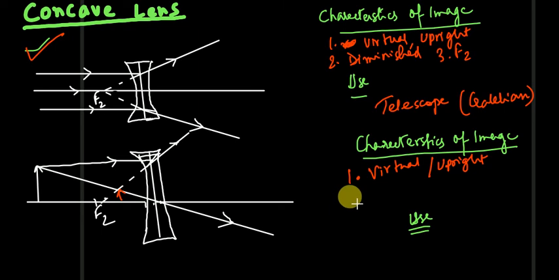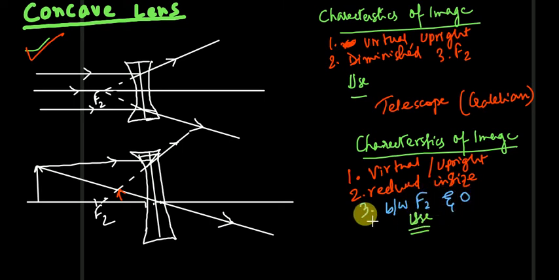These are common, and obviously reduced in size. Sorry about the handwriting, I will change the pen. And anything else? Yes, where the image is getting formed. It is always formed between F2 and optical center. Remember, this is always formed between F2 and optical center.